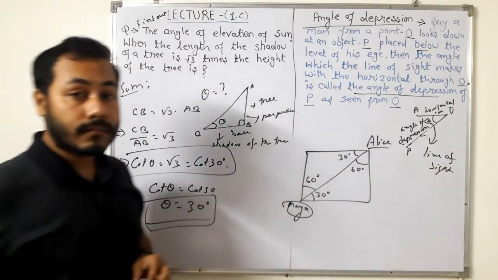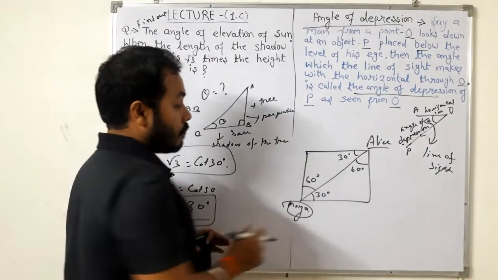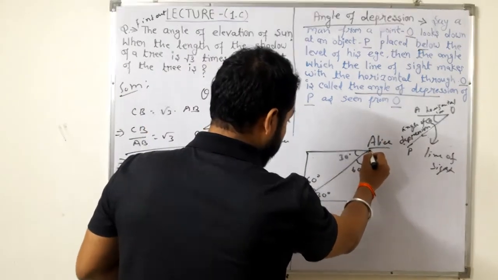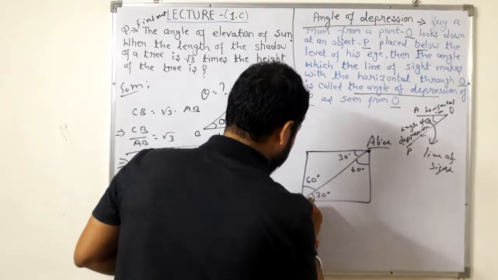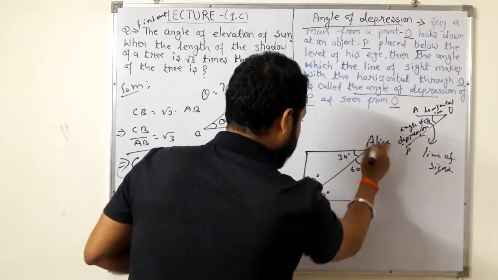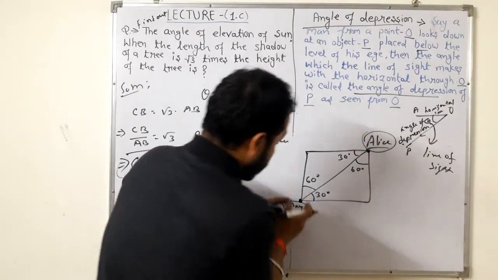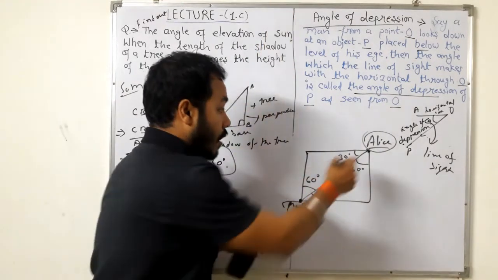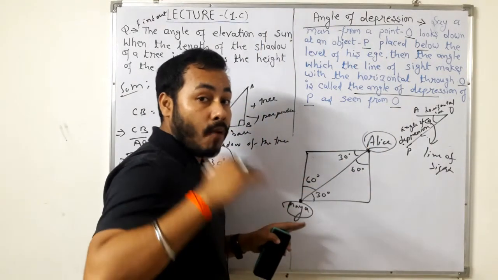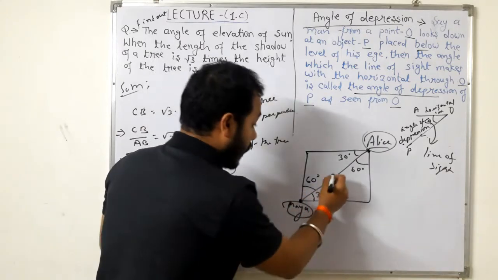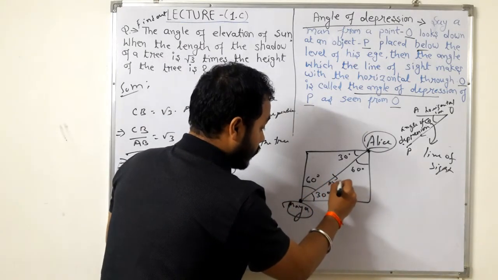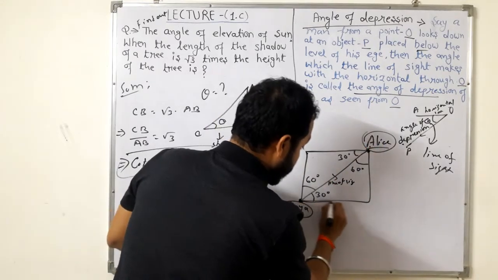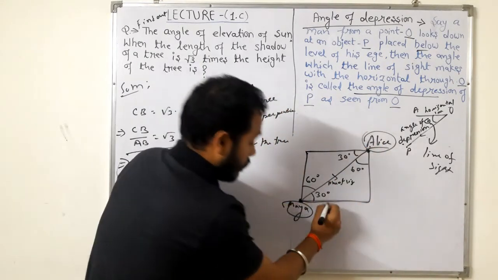Can you tell me? I'm making it bold: she is Alice and she is Maya. Now as Maya is here, Maya is looking above her eye level. This is the line of sight, and this is the horizontal line in this case.